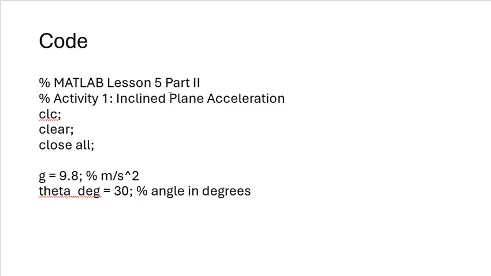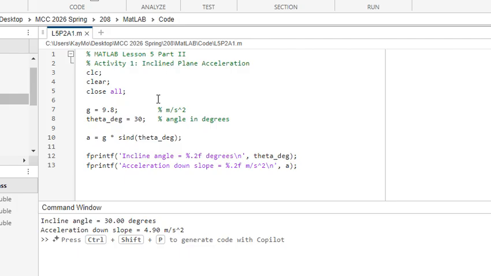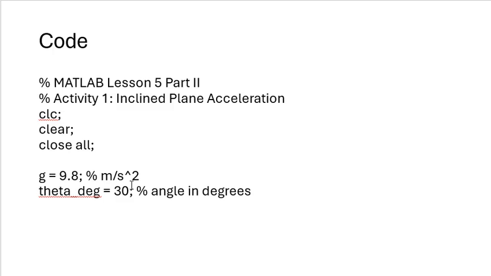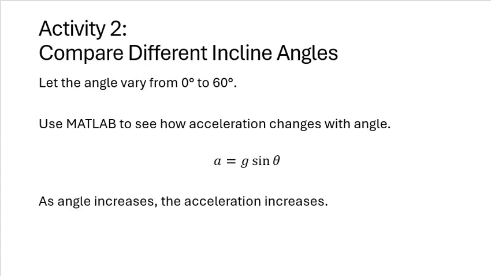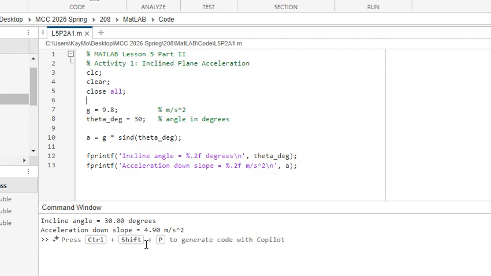And then of course I'll go ahead and code it. We will clear everything first. I already gave you this slide. Code all the way down to here, and you're going to end up with the acceleration down the slope. You will get 4.90 meters per second squared, and that is for your 30-degree incline angle. So pretty easy.